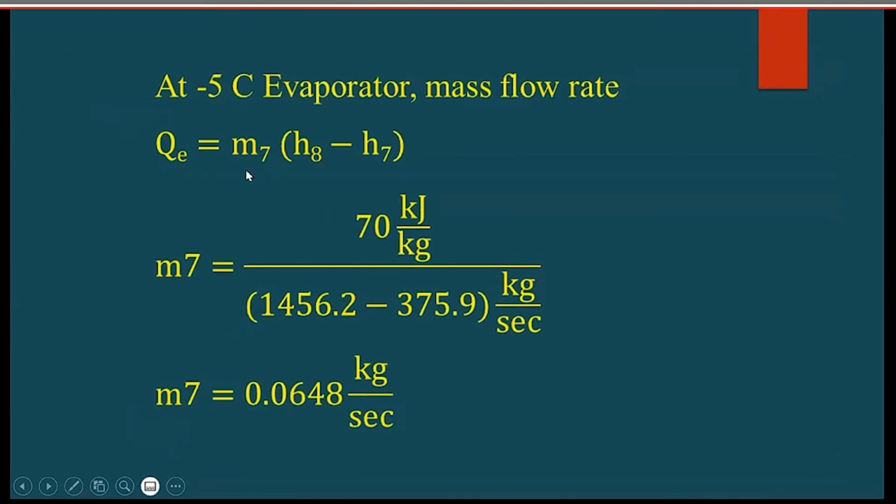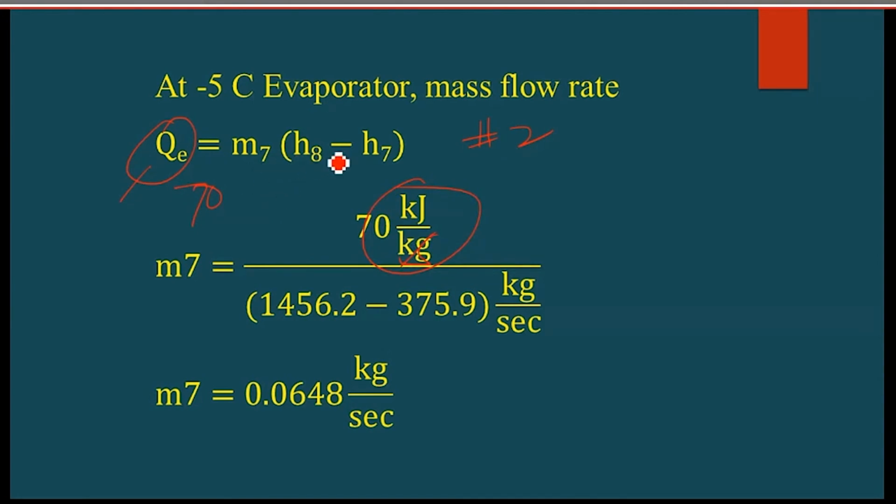Now we can also get the other M at the evaporator number 2. Look at this. Now, do we have a heat load? Yes. No, because at negative 5 we have a 70, right here, 70 load. No? I think this is kilojoule per second, no, kilowatt.